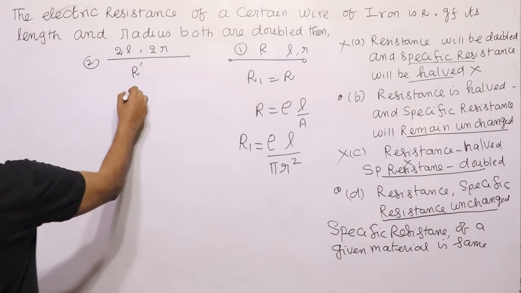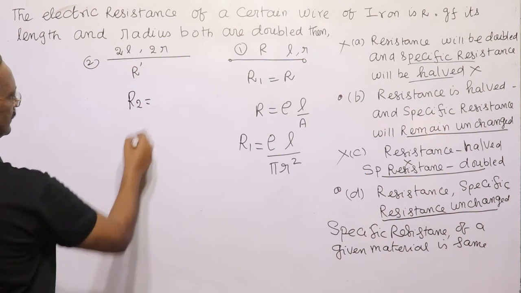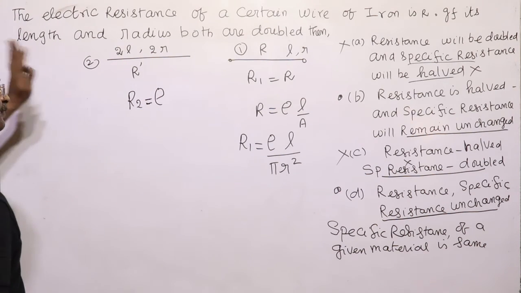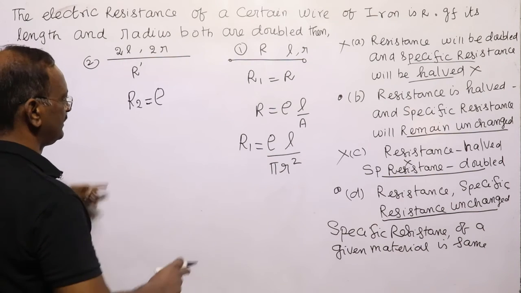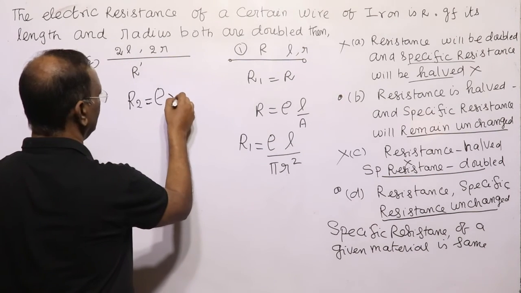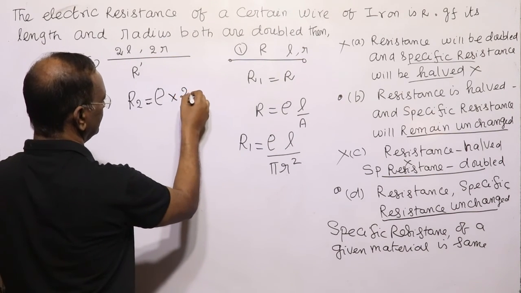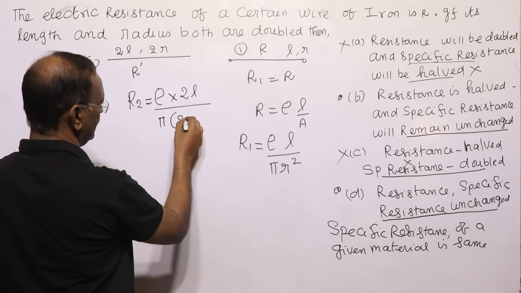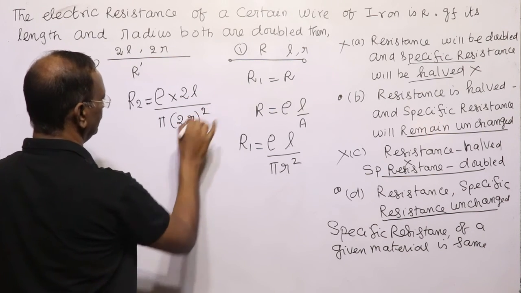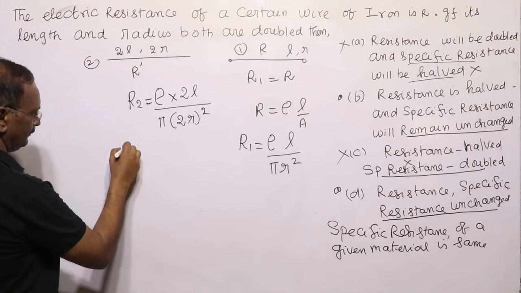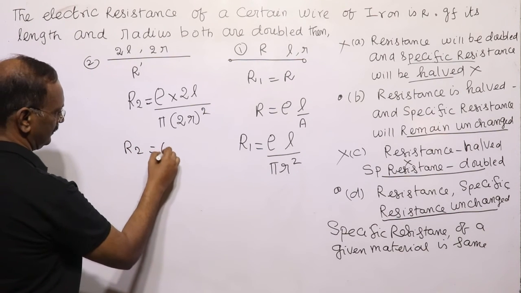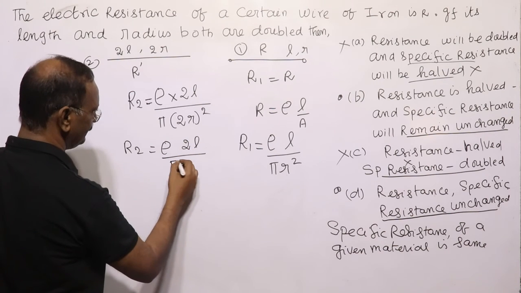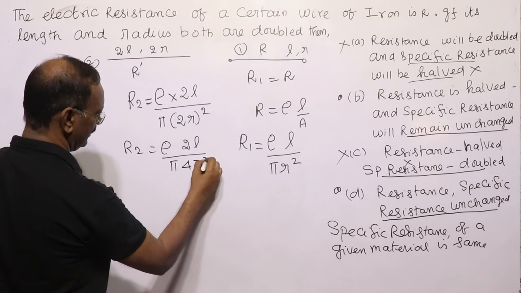Now what about R2? R2 is equal to rho, that is specific resistance, same because both are the same material. What about the length? Length is increased by double, and radius is increased to double. Therefore R2 is equal to rho into 2L divided by pi 4 R square.